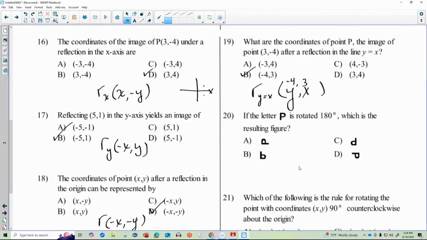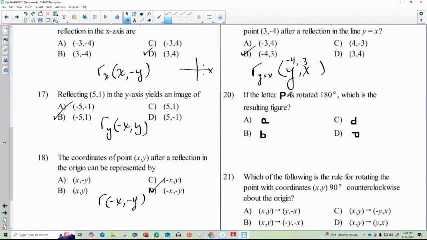You should remember that a 180-degree rotation is the same thing as turning something upside down. So imagine that you had this letter P, and if you were to rotate it 180 degrees, you're just rotating it and putting it upside down, and you can see that it becomes that right there.